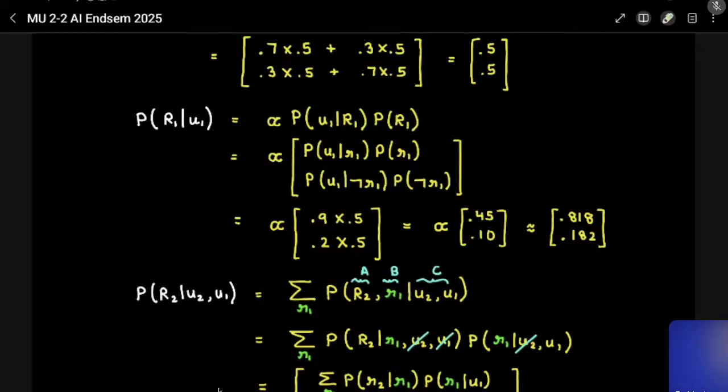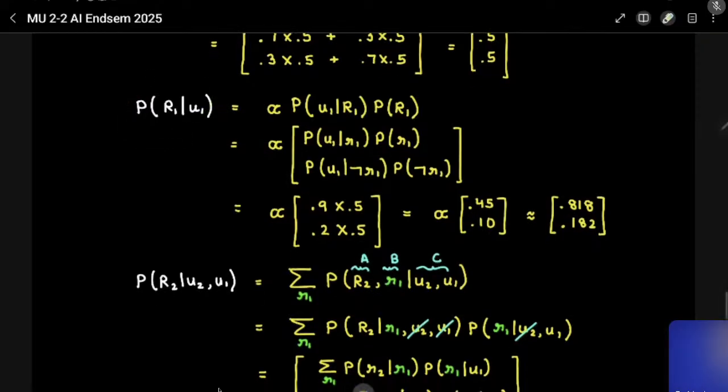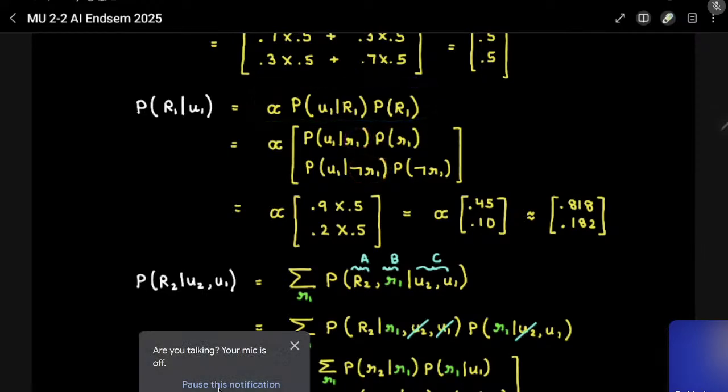And why will we be getting a vector of probabilities? Because we are dealing with a random variable. So if I open R1, R1 is either raining or not raining. So you have R1 raining, not R1 not raining.